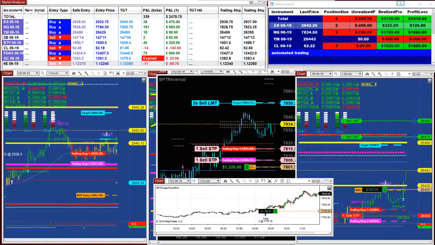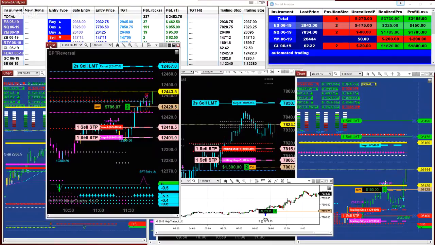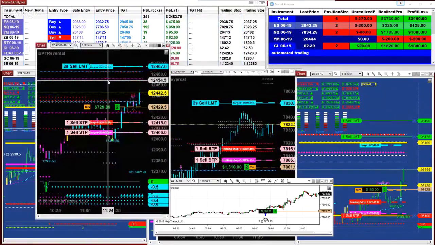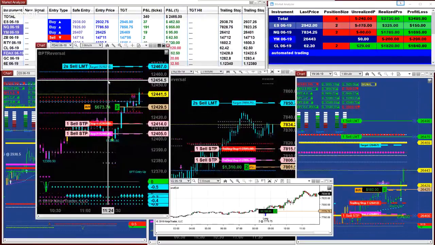For the DAX trader, you need to close at 454.